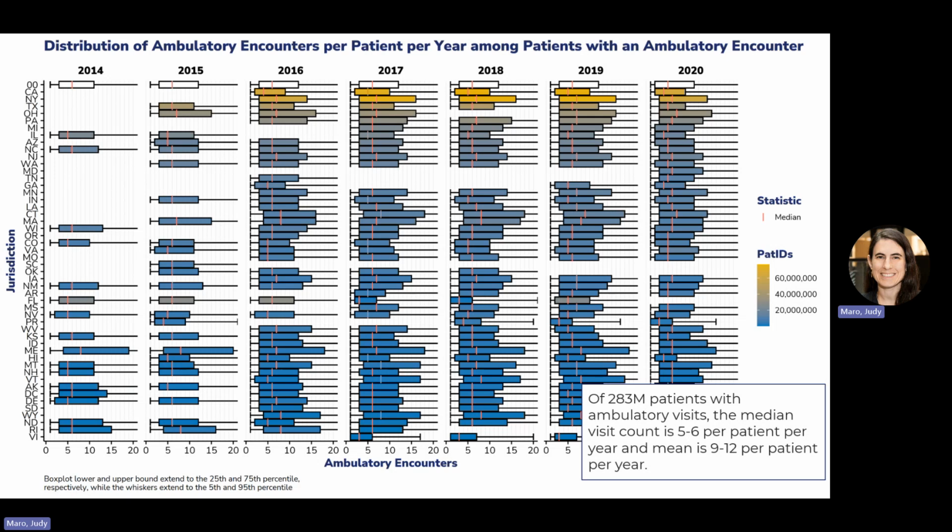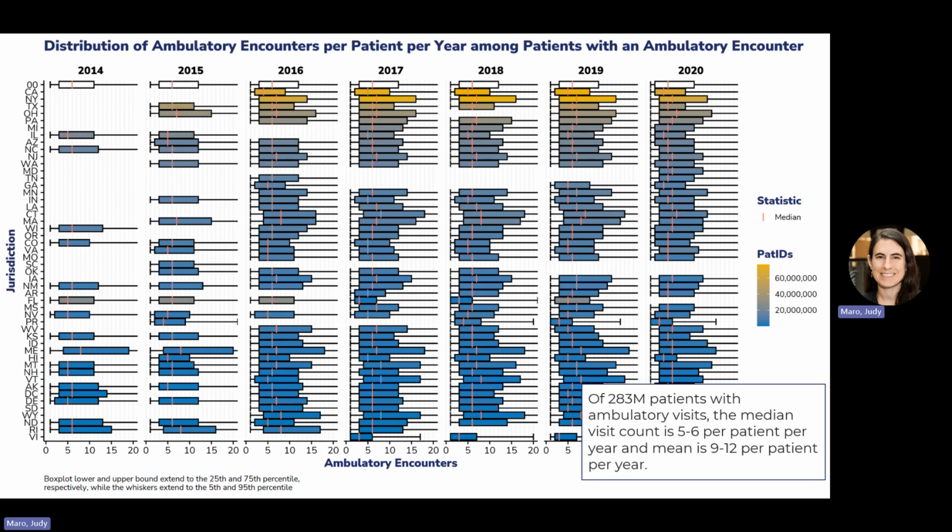Here we look at the distribution of ambulatory encounters per patient per year among patients who have had at least one ambulatory encounter. And this should be ambulatory encounters not including the emergency department. So these are really office visits. So of 283 million patients with ambulatory visits, the median visit count is 5 to 6 per patient per year, and the mean is 9 to 12 per patient per year.